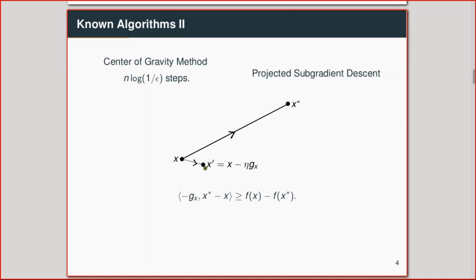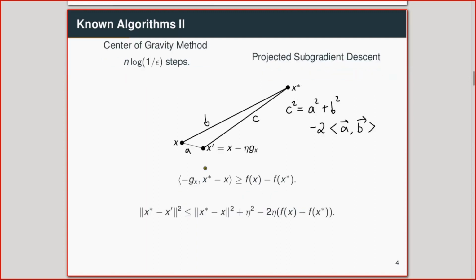And the way we use that is with the famous cosine law. The cosine law states that if you have a triangle with sides A, B, and C, then we can actually tell what the length of C is. C squared is nothing but A squared plus B squared minus twice the inner product of A and B. And if we use that to find out what is our distance from x prime to x star, this is what we get. The distance from x prime to x star squared is at most A squared.